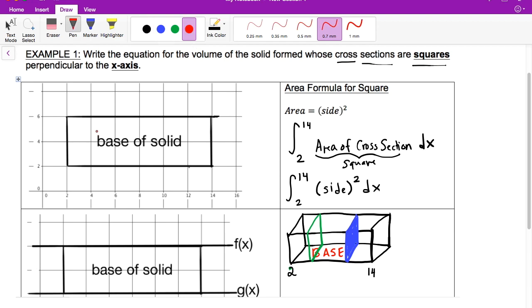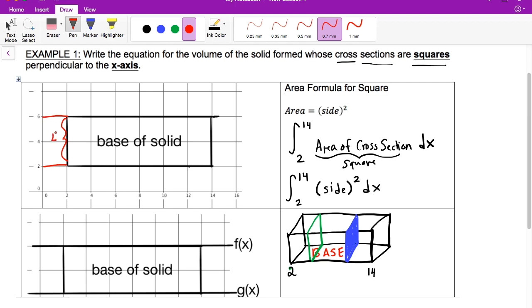So the side length here, we see that this is 6. I'll do that in red. That's at 6. So the distance from here to here is 6. And then the distance from here to here is 2.